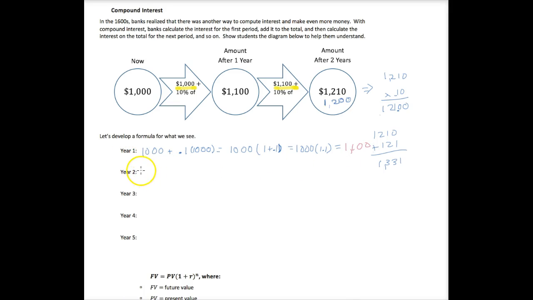Now we go back in here for year 2 and we say $1,100 plus 0.1 times $1,100.